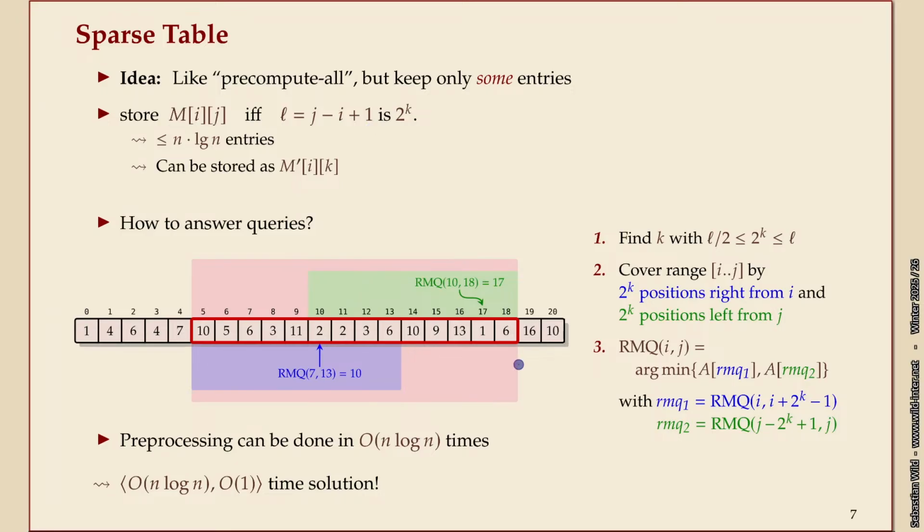So you do precisely the same trick as here to get the minimum of a new range that's double the previous 2. There's going to be 2 that cover it, and then there's the range min that you've computed iteratively before. You find the minimum of those 2, that's going to be the minimum of the entire range. So in constant time for each entry, you can compute this, which means the pre-processing time is n log n.